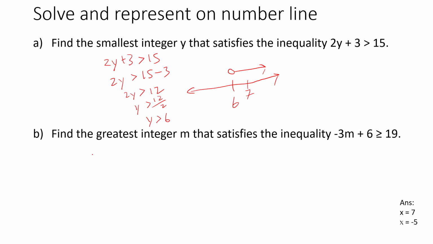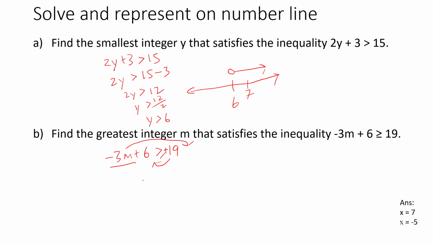Okay, next, part B. Minus 3m plus 6 is larger than or equal to 19. Because m has a negative coefficient, you need to move it over. The 19 you can move here.